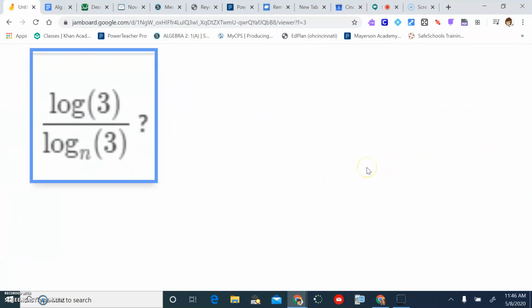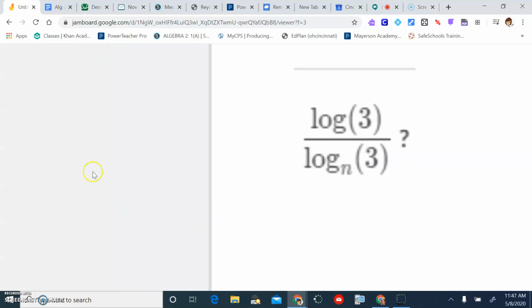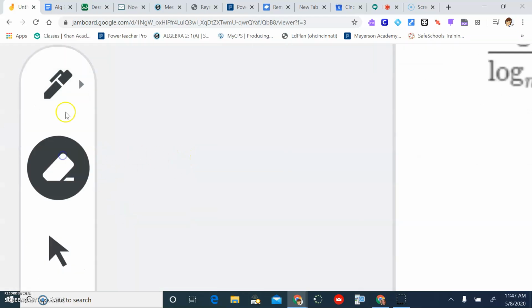To change the base on any logarithm to whatever you want, you just take the log of the big number and divide it by the log of the base, and then put a new base on it. If I'm going to make both of these log base 10, for example, I don't know what base I need for this particular question, so I'm going to try log base 10.